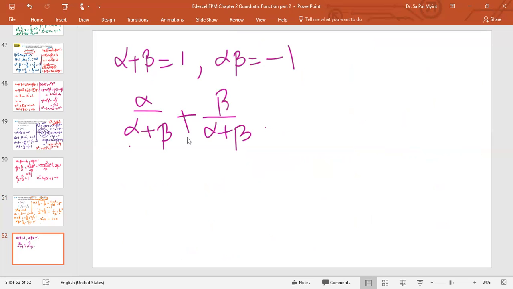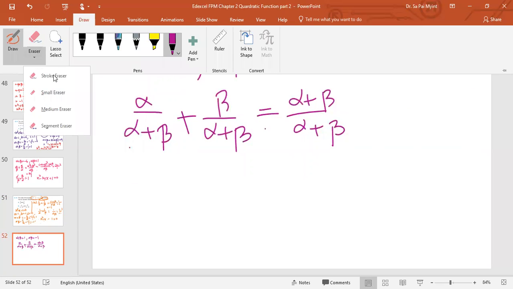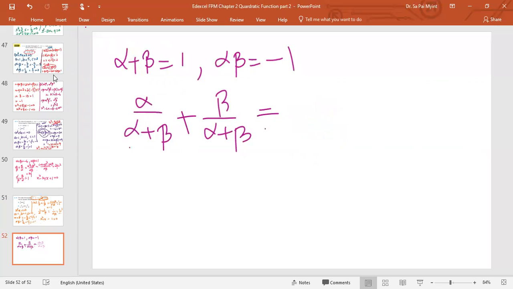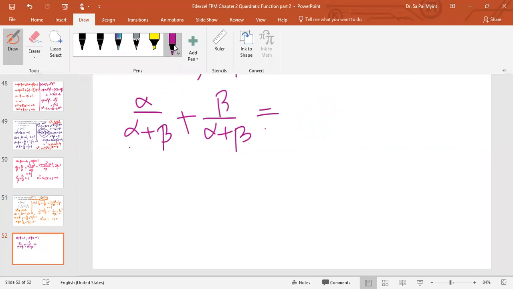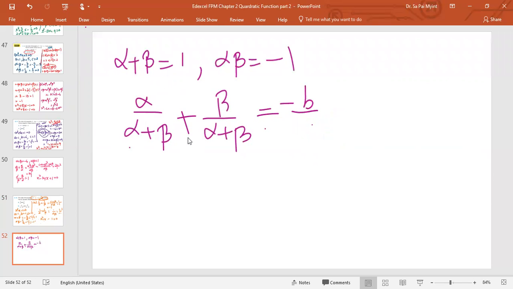Okay, sum of the roots. What do you get? Same base. Alpha plus beta by alpha plus beta. Sorry, I need to find that again.